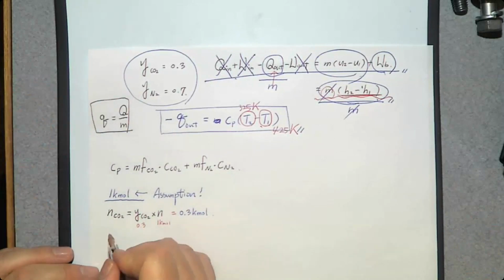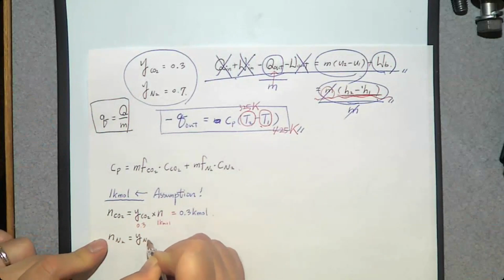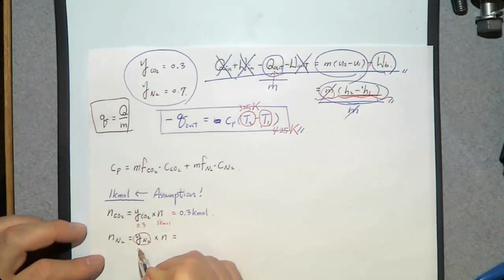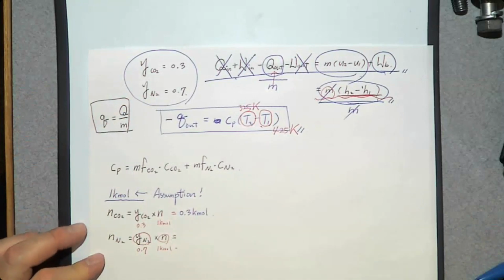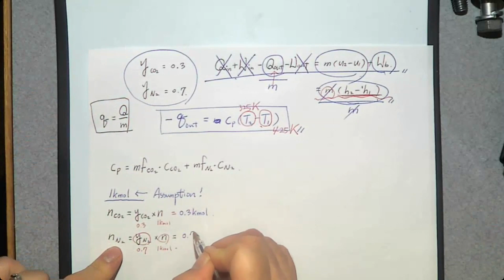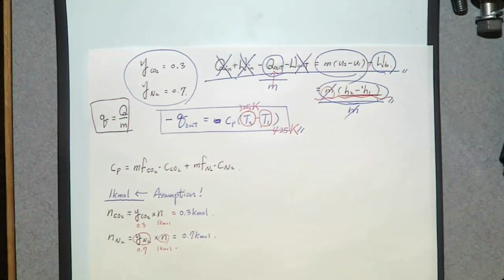What about nitrogen? N of nitrogen is going to be y of nitrogen times N. The mole fraction is 0.7 and the number of moles is 1 kilomole. So the number of moles of nitrogen is going to be 0.7 kilomole. That's how you determine N of each component.